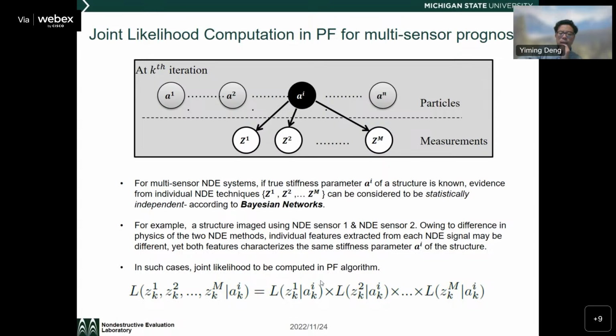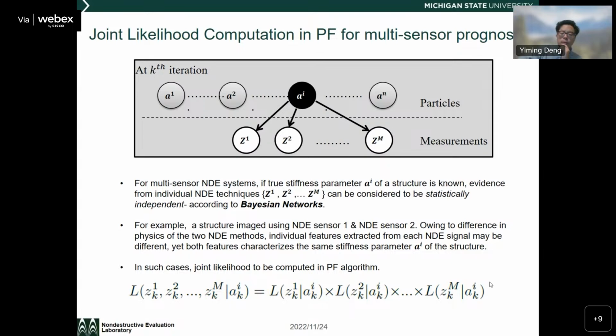Okay, and you will assume that the individual feature from each NDE method or NDE data here is different, and the feature characterizing the same parameter A_k is also different, and they're independent of each other. This will make our calculation much simpler.